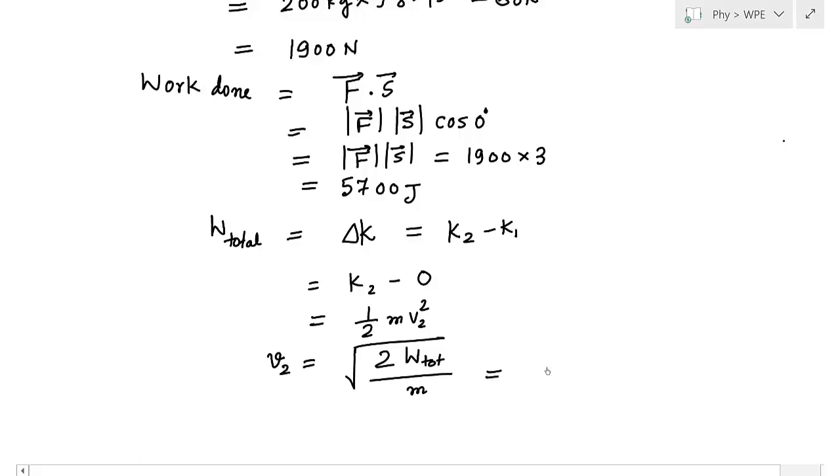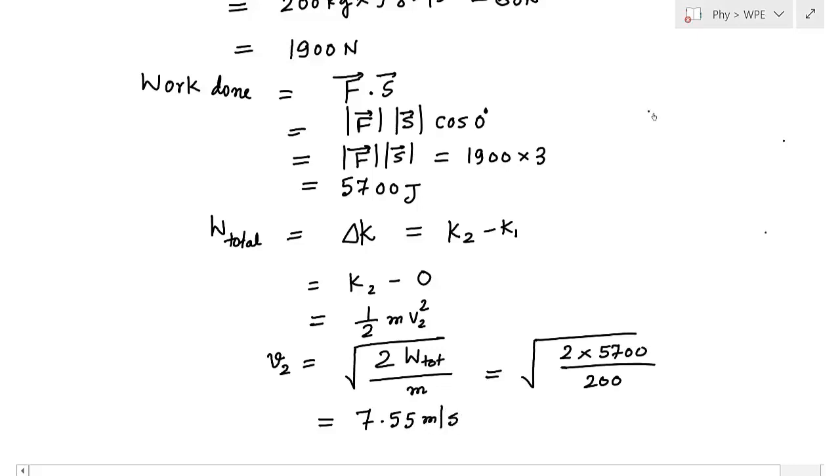We have already calculated the total work done in this motion, so we can plug this in. So 2 times W is 5700, divided by mass, and mass is known, that is 200 kg. If you calculate all this, this will turn out to be 7.55 meter per second. So this is the velocity at point 2.